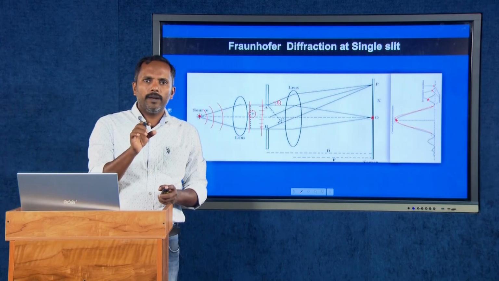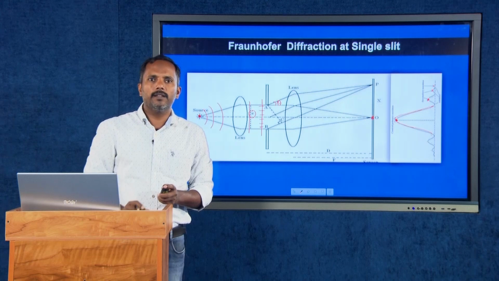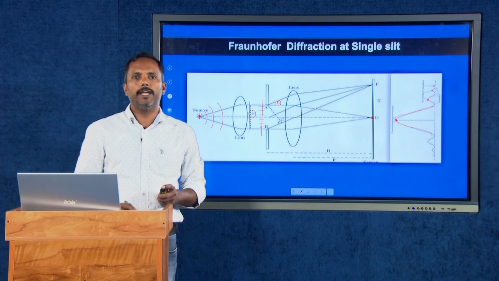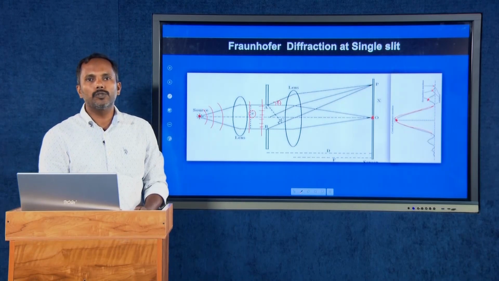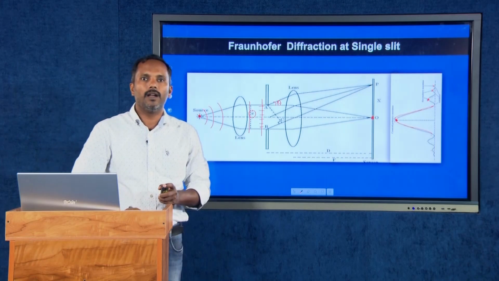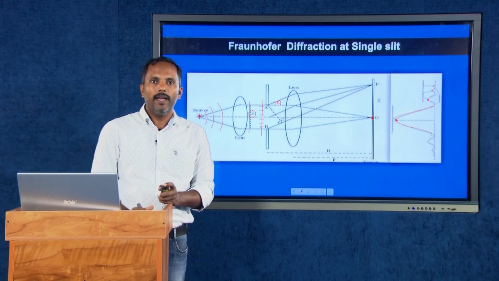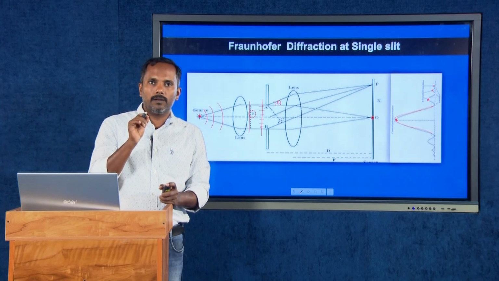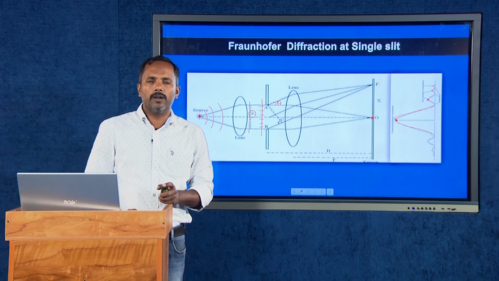Each part of the wavefront incident on the slit AB will act as a source of secondary wavelets, and all the points on AB are in the same phase, you remember. Hence all the point sources will be coherent sources.